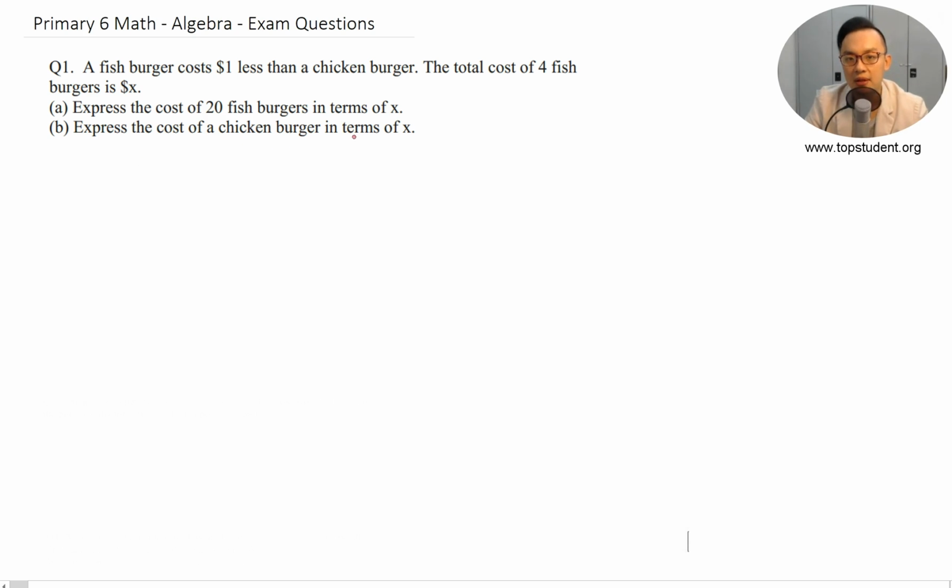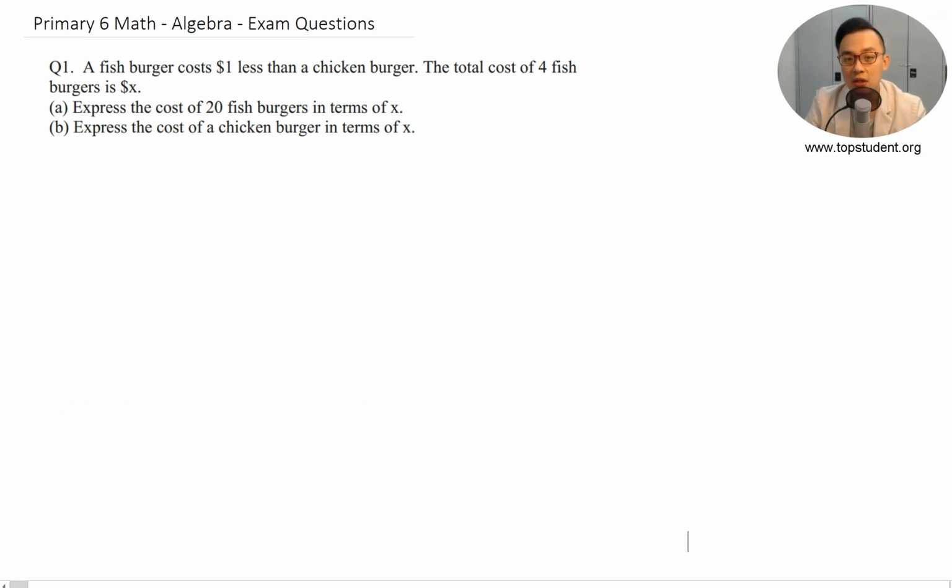Now, it's not the first time, or one of the few times, you are being exposed to things like letting something be X, or using letters to represent things.